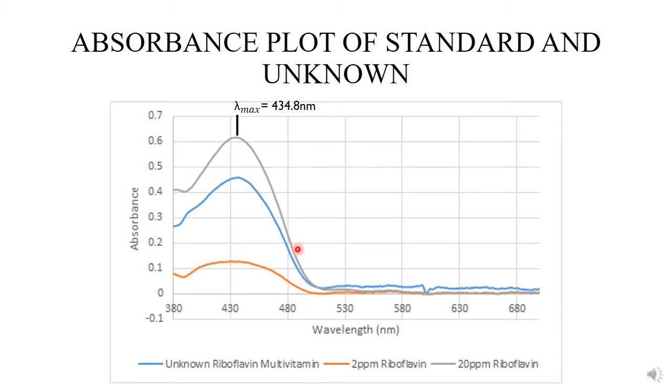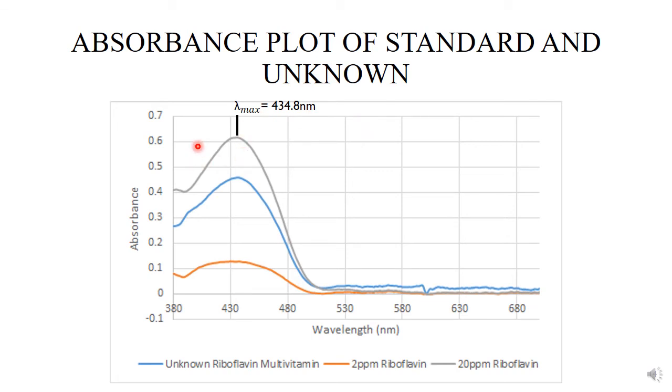As described previously, the electrons first need to be excited in order to fluoresce as they relax. So the electrons must absorb light in order to fluoresce. Therefore, at the excitation wavelength, there must be a significant amount of absorbance. By analyzing the absorbance spectra, the riboflavin solution has the highest absorbance around 434.8 nanometers.